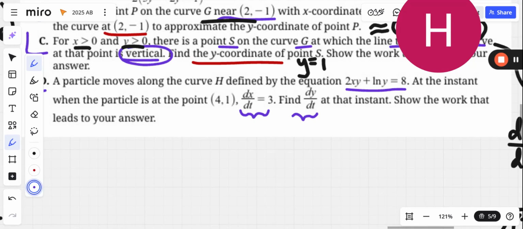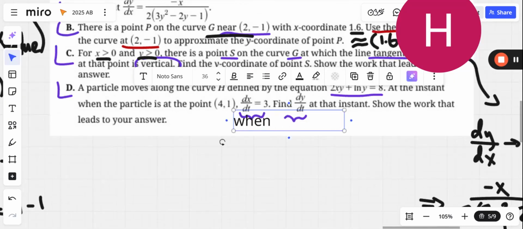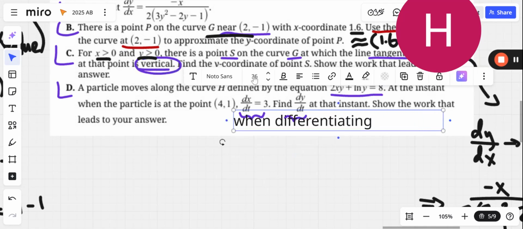Dx/dt and dy/dt, that introduces a whole new variable, t. But this is just, should I say, a differentiating variable. So let's write that here. When differentiating, let's make this a little smaller too.